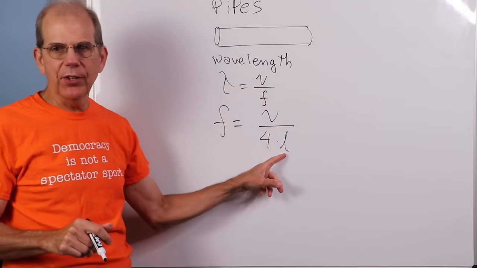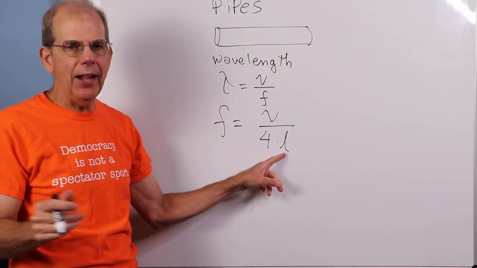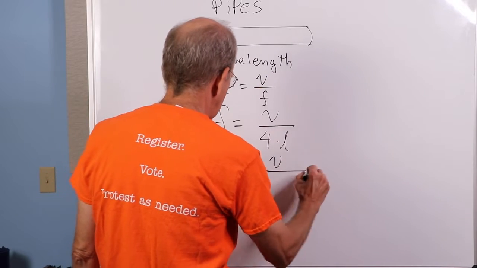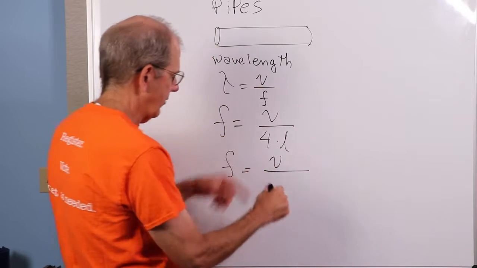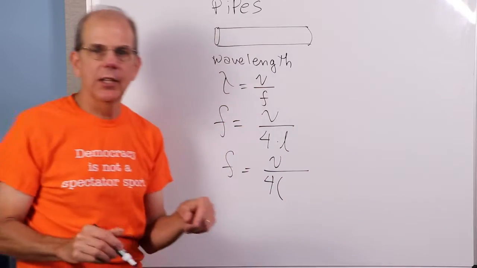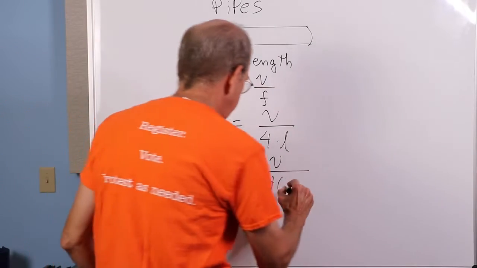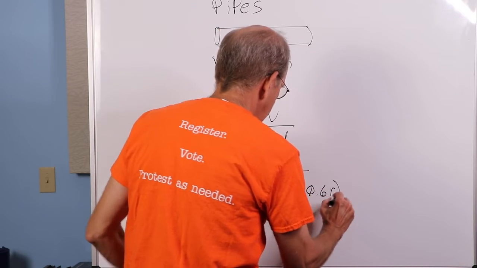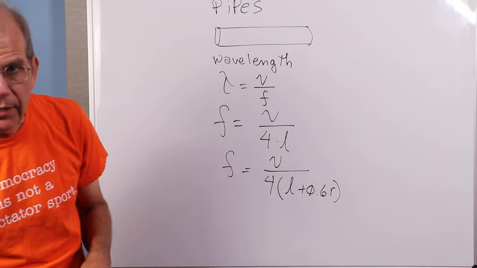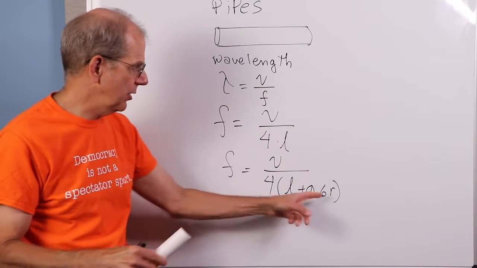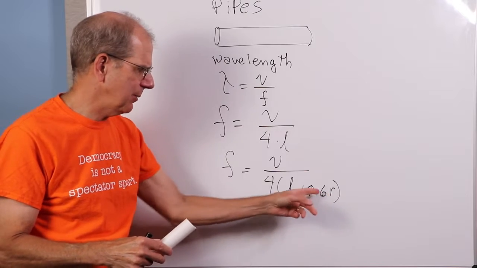We basically just add a little fudge factor in here for L. So the end corrected version is still frequency is velocity divided by 4 times the length plus 0.6 times the radius. So the radius does make a difference in the real world. You'll sometimes see this written in terms of the diameter, but basically it's the same thing.